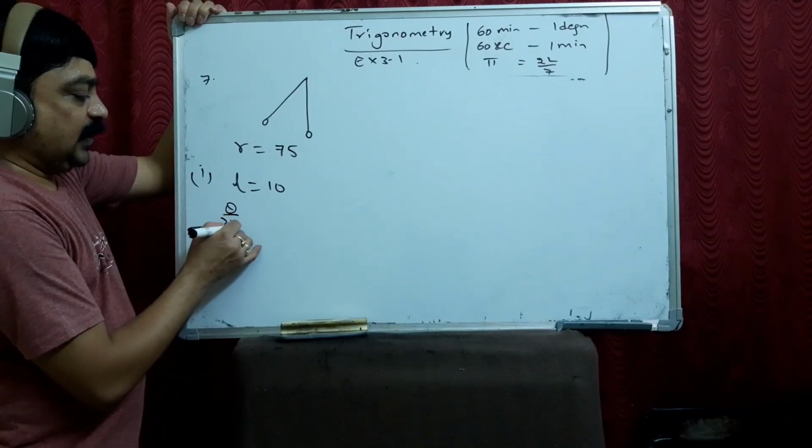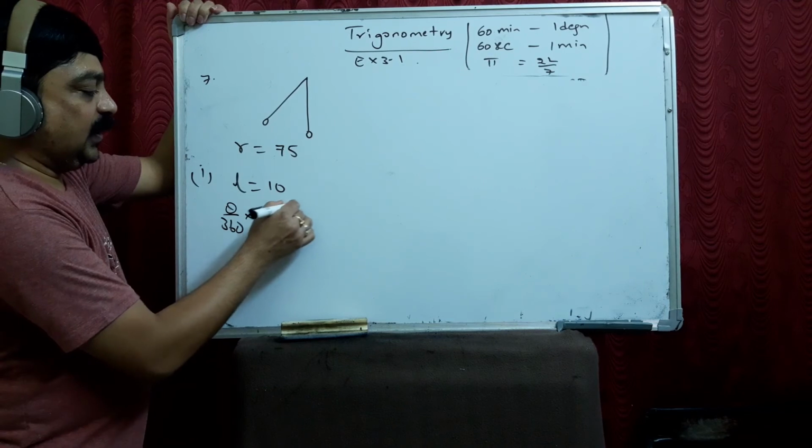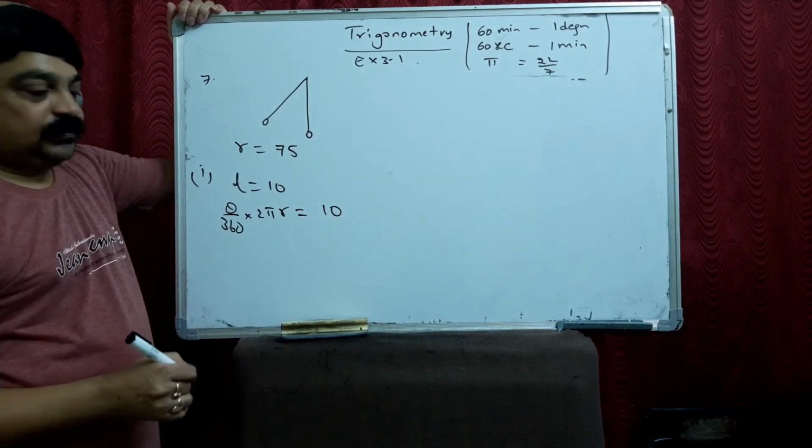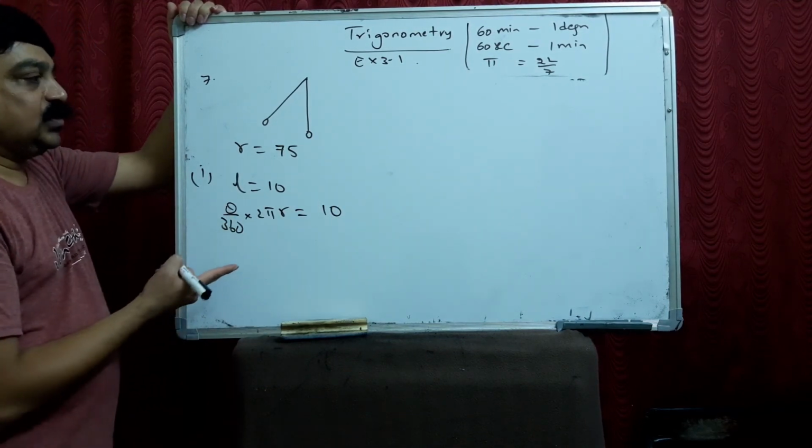So, L means theta by 360 into 2 pi r is equal to 10. You should write it in radians only.